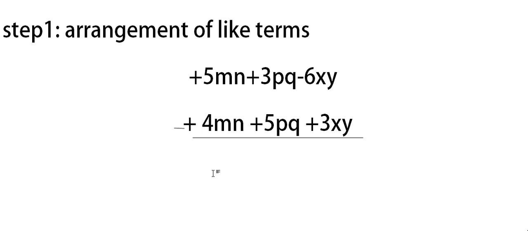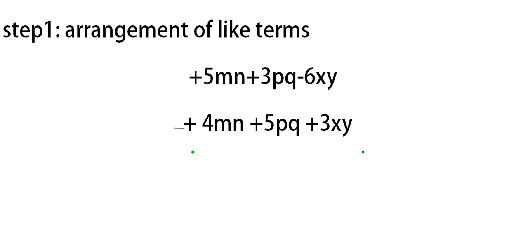Now in case of subtraction, I'll draw this line a little below, so that I can show you how to alter the signs. Now very carefully try to follow me. Just look at the second expression.